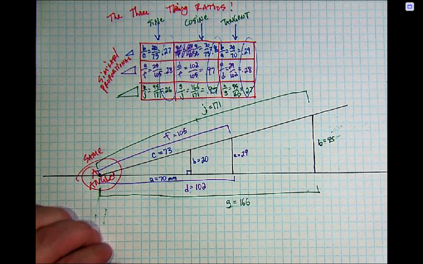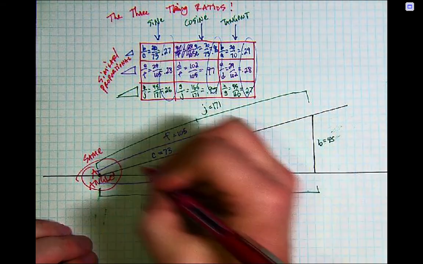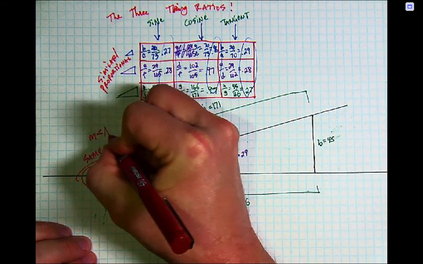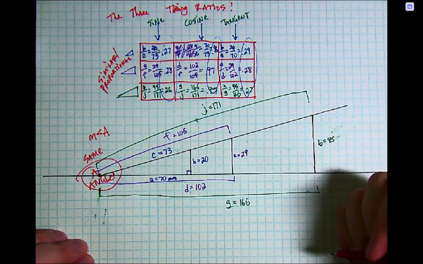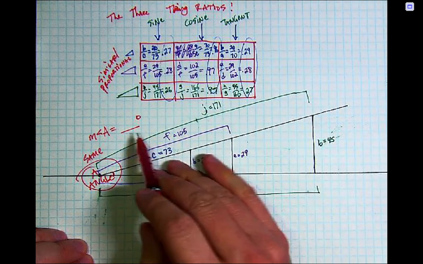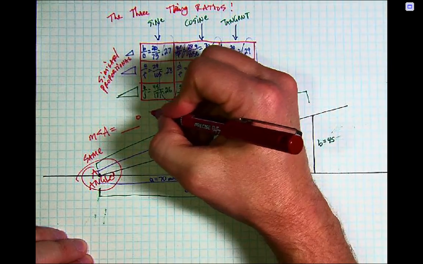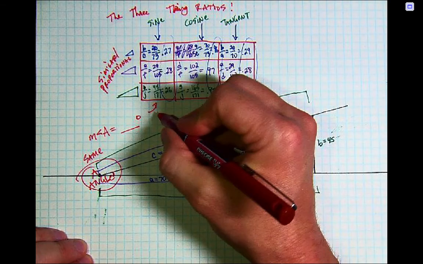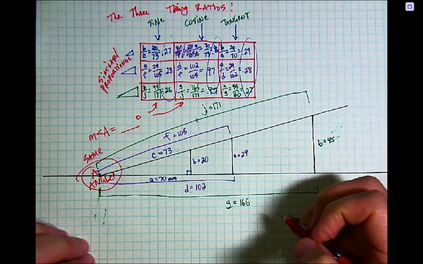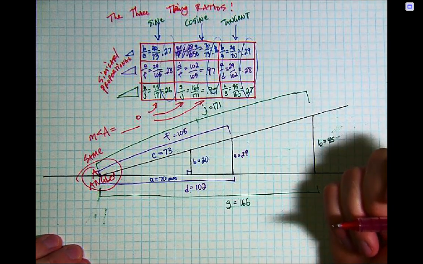And the beauty of this is, if you know how many degrees your angle is, it doesn't matter how big or small your triangle is, you should know what the sine ratio for that angle comes out to, what the cosine ratio for that angle comes out to, and what the tangent ratio for that angle comes out to.